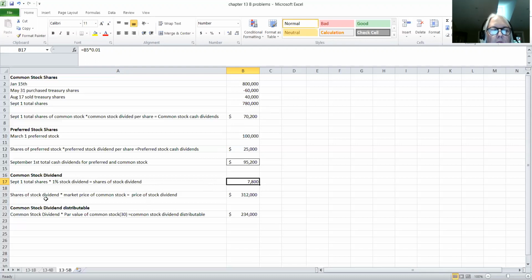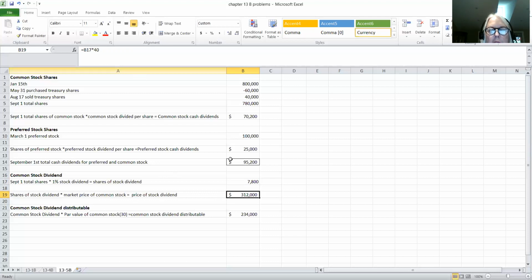So we're going to take the shares of stock in the stock dividend, which is 7,800. We're going to multiply that by the market price of the common stock, and that will give us the price of the stock dividend. So 7,800 times $40 is $312,000. That's the amount of the price of the stock dividend.